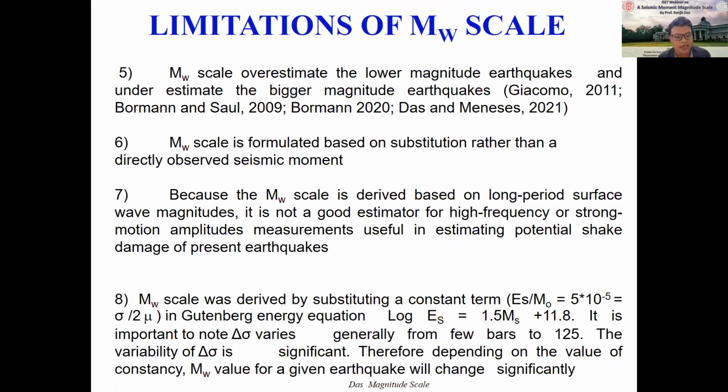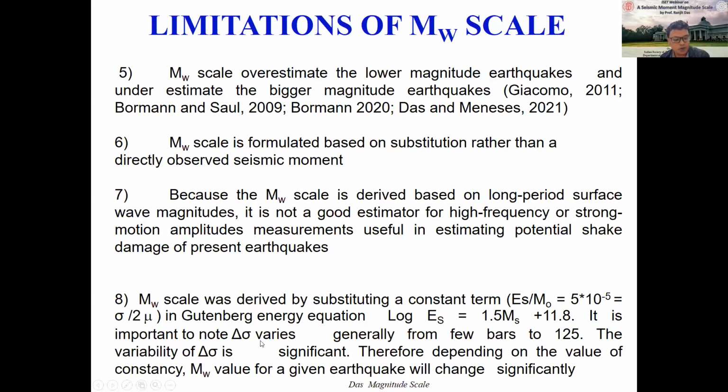They developed these scales because the MW scale is derived based on long period surface wave magnitudes. Since it is based on the seismic moment and the surface wave magnitudes, it is not a good estimator for high frequency or strong motion amplitude measurements, which are useful for potential shaking damage from present earthquakes. The MW scale was derived by substituting a constant term, which I already talked about: 5 into 10 to the power minus 5 is equal to sigma over 2E, the Gutenberg equation.